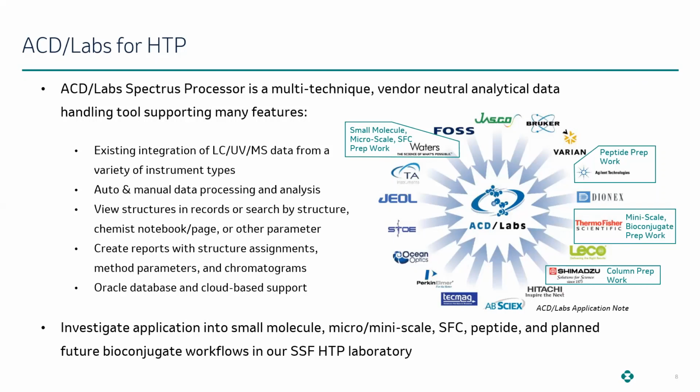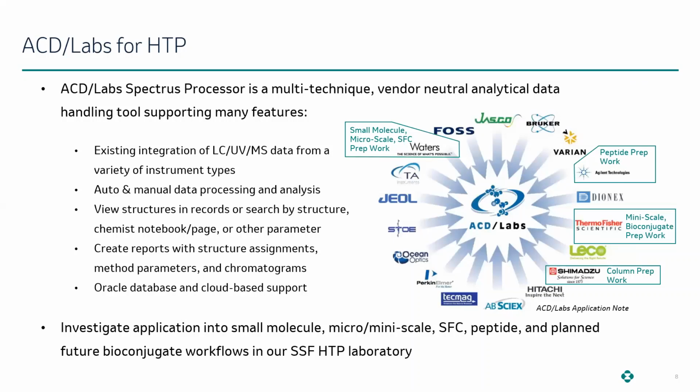So some of the key requirements for an effective laboratory information management system that supports high-throughput purification would be the ability for auto and manual data processing with live data, enhanced search capabilities, automatic creation of customizable reports, and data access through an organized central database containing all the sample information.